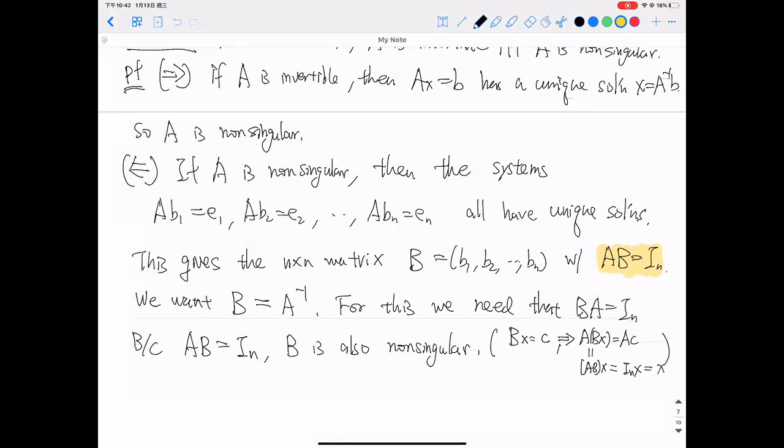So any system associated to B thus has a unique solution. So B is non-singular. And the proof uses this property that AB is I.